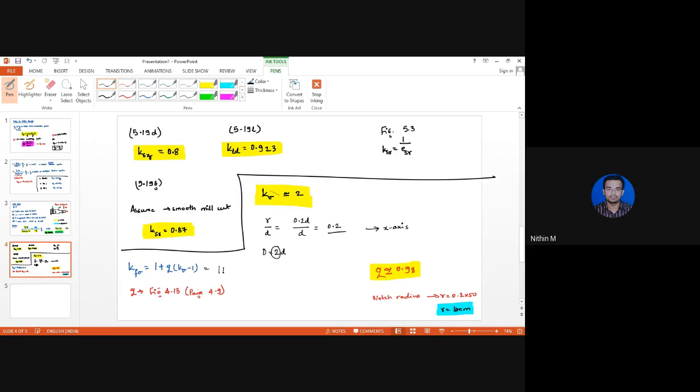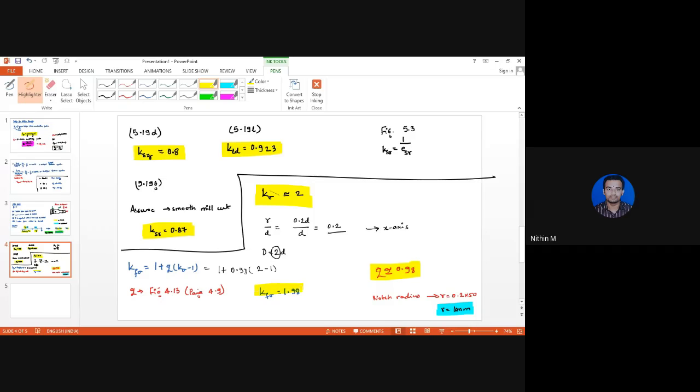This will be equal to 1 plus q, which is 0.98, into K sigma minus 1, where K sigma is 2. 2 minus 1 is 1. 1 into 0.98 is 0.98. 0.98 plus 1 is 1.98. K of sigma is 1.98.